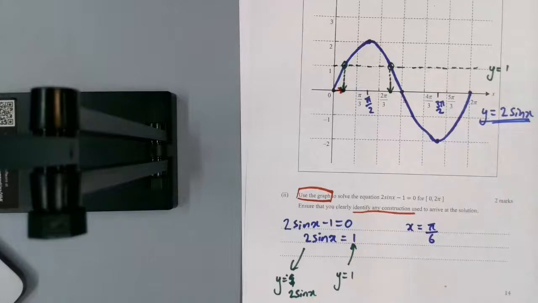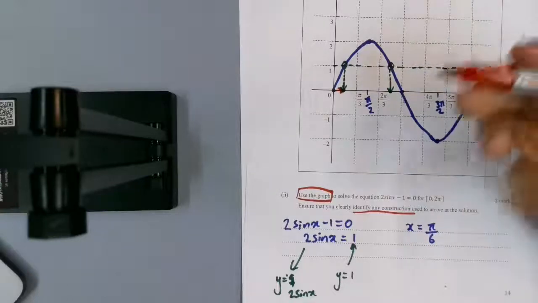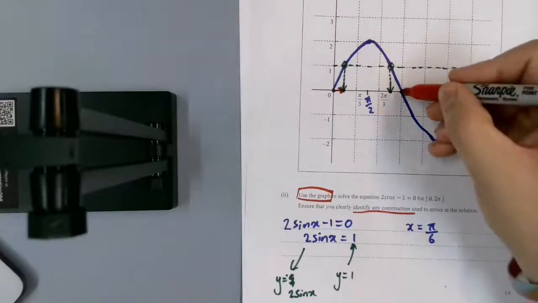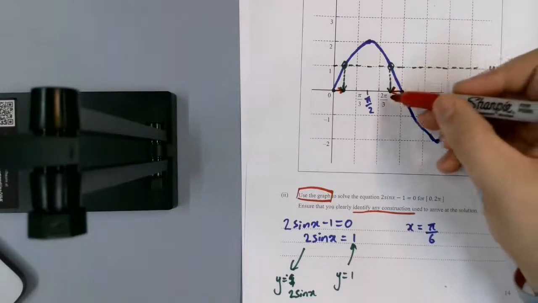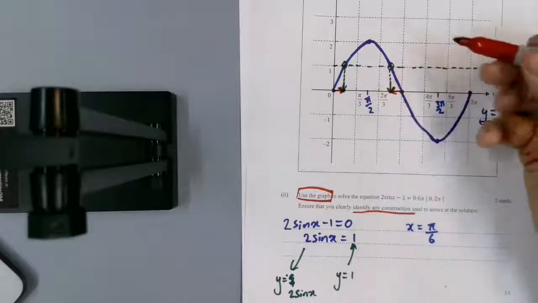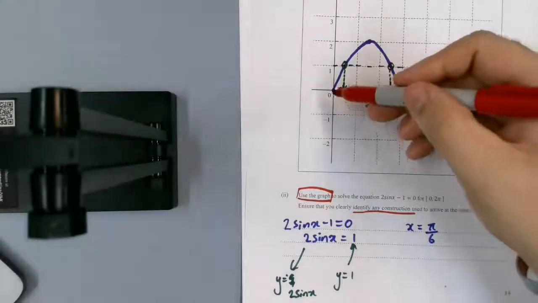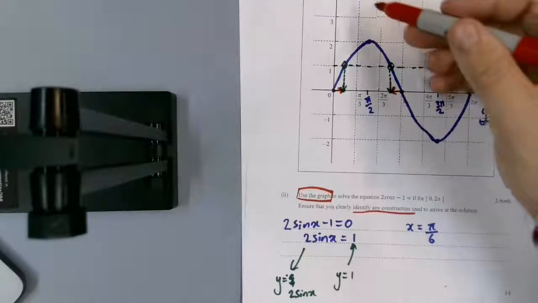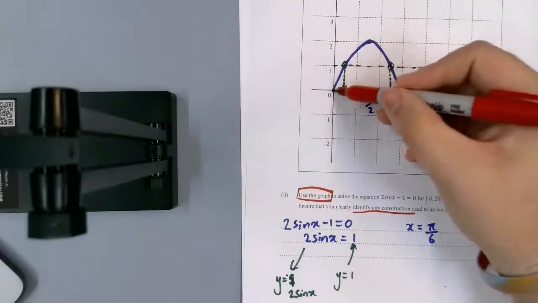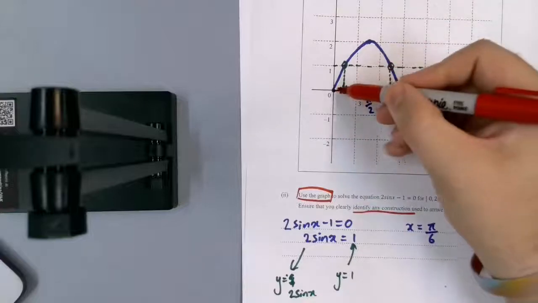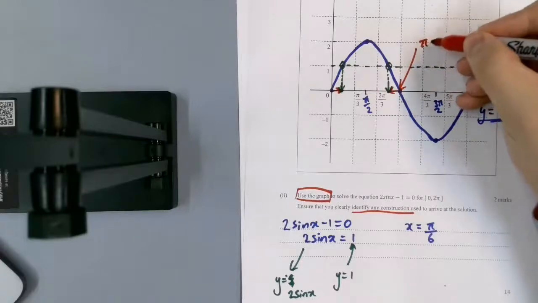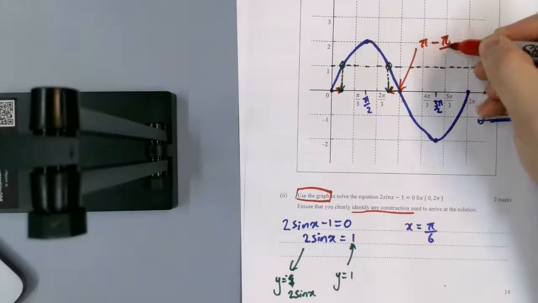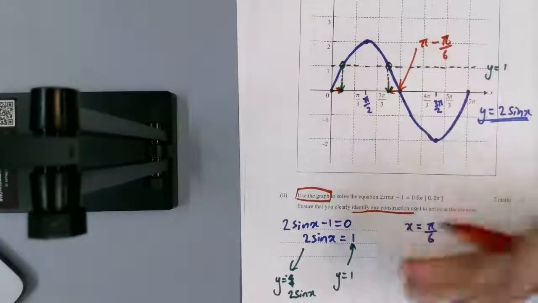Now, there's a couple of different ways that you can think about this next solution. I would find it easier to think about going backwards from pi towards the halfway point between 2 pi and pi on 3. The reason why I do that is I like to use the symmetry of trigonometric curves. So if this is going to be pi on 6 distance away from 0, it's also going to be, and I'll draw this up here in red, pi minus pi on 6 distance backwards, using the whole symmetry of that curve.